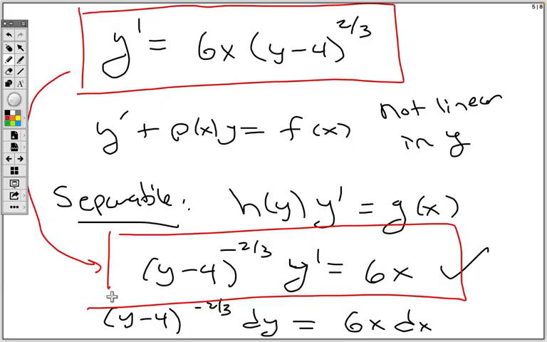How did we bring that (y minus 4) to the 2/3 over to the left-hand side? Yeah, we had to divide. And anytime you divide by a variable, you have to think about, well, could that variable be 0? So that's the question now.